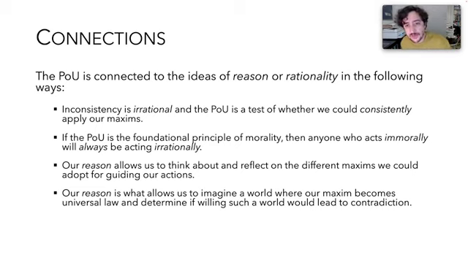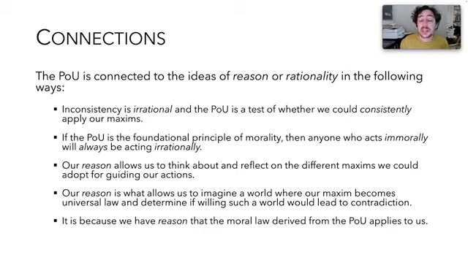But if we have other kinds of goals, for instance, we might think, well, look, maybe a different principle would help me achieve those goals better. Moreover, it's actually because we are rational creatures, because we have this faculty of reason, that the moral law applies to us. If we did not have a faculty of reason, we wouldn't be morally obligated to act one way rather than another, because these commands of morality come from reason itself.